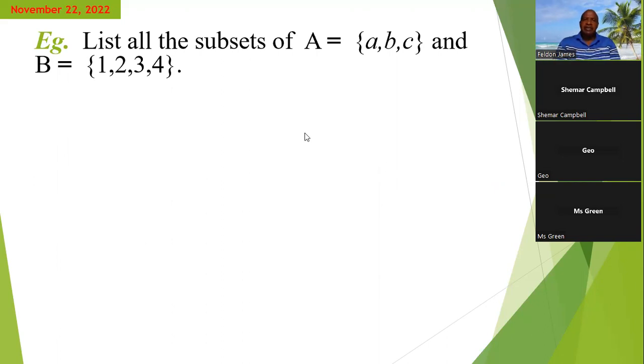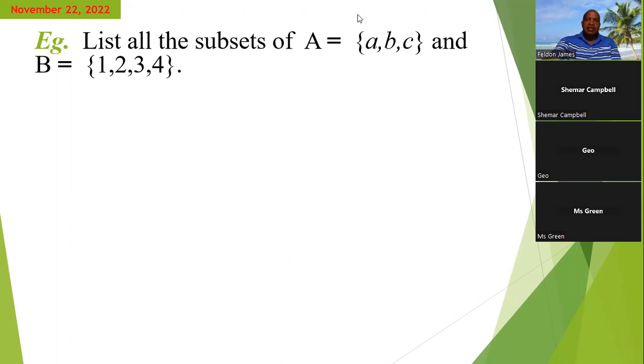And for each set, you are asked to list all the subsets of A, and then list all the subsets of B. So what I'm going to do for you is A, which is a little easier than B, and then you are going to do B. All right?